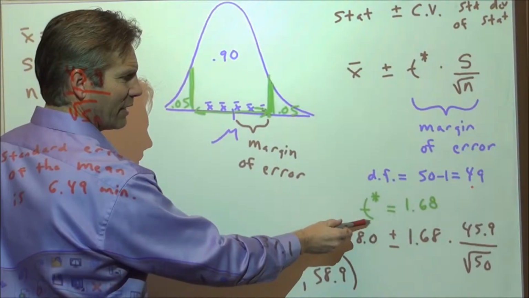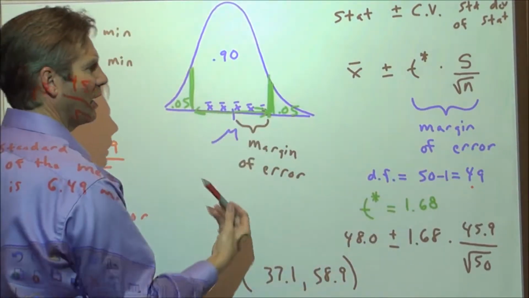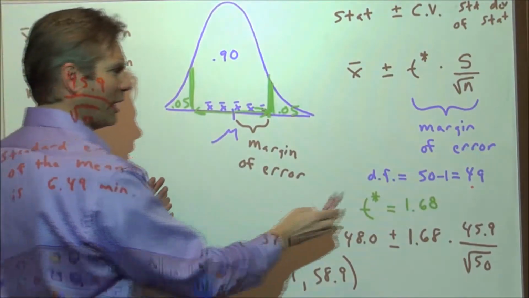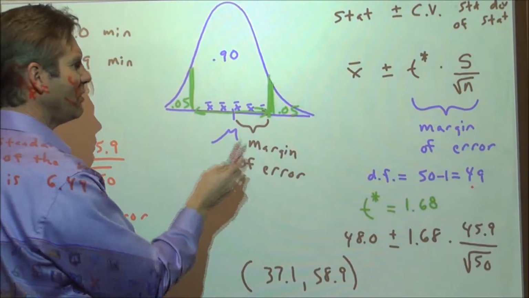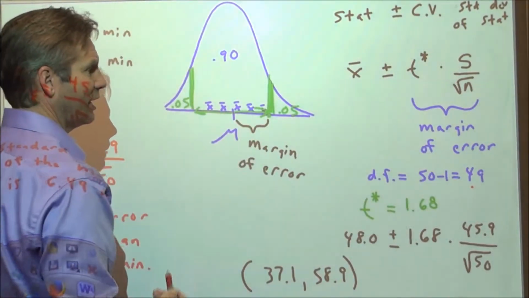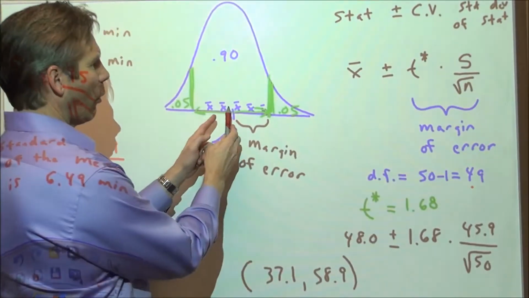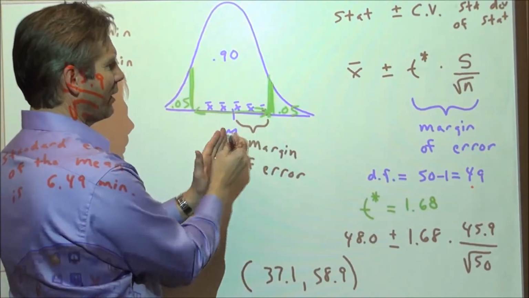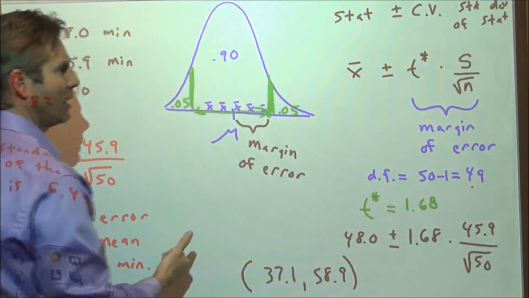But we find a critical T-score of 1.68 would trap 5% on each tail. So you look under 49 degrees of freedom or go inverse T on the calculator and you find, hey, what T-score would trap 5% on each tail? So that becomes our margin of error. We go over 1.68 standard errors in each direction. That's where we're going to trap the middle 90% of our sample means.